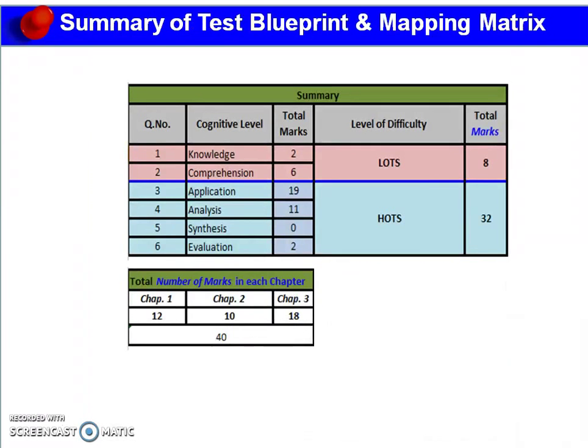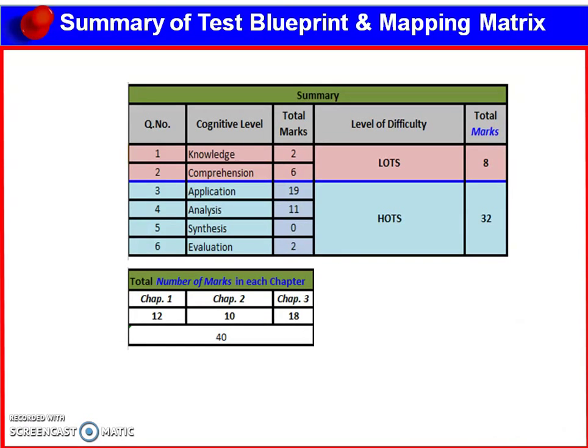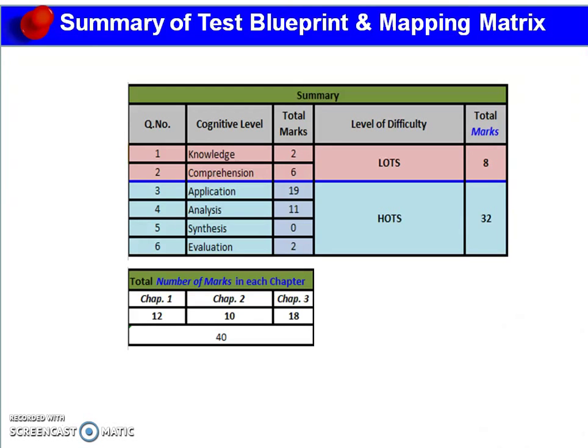Under the mapping matrix is an automatic display of the test blueprint and the mapping matrix. When the SMEs have completed the mapping matrix, the next step is to write the exam question items that should be in perfect harmony with the test blueprint and mapping matrix that had been previously completed and approved.